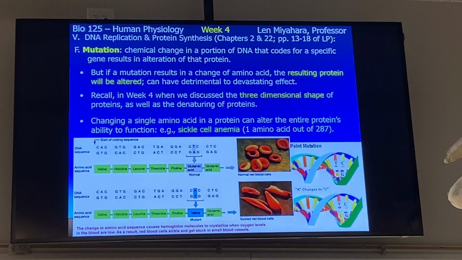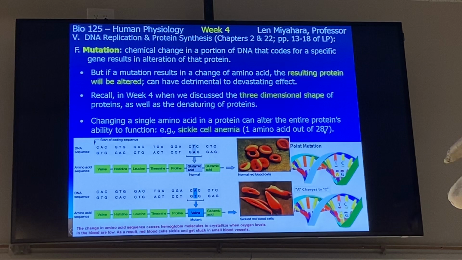But it's only one nucleotide that changed, and notice here, it's the second one that changes. So because the second one changes, guaranteed that's going to change the amino acid, and it changes from glutamate to valine. Okay? Then look at the numbers.